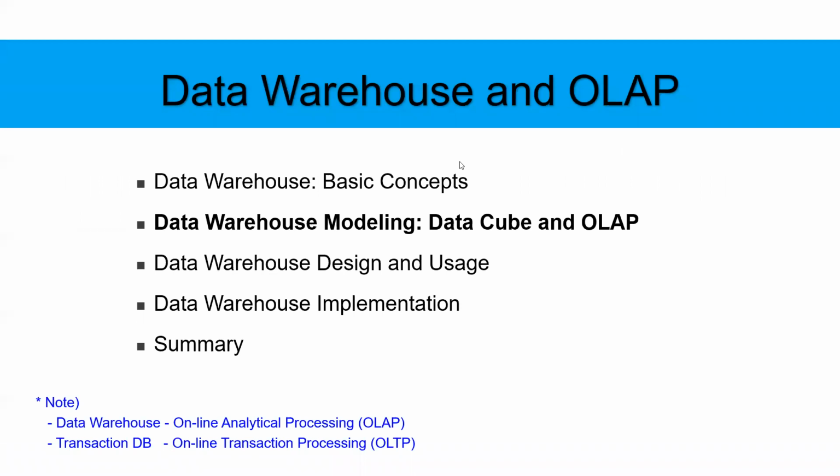So we are going to learn some models of the data warehouse, and it is necessary when you go to a big enterprise. If you go to a big company, then you will see this kind of data warehouse.